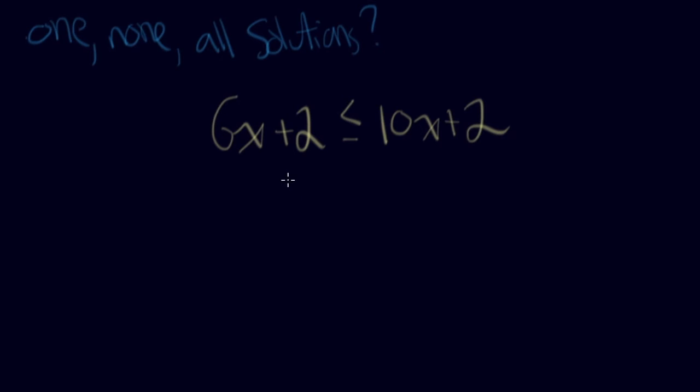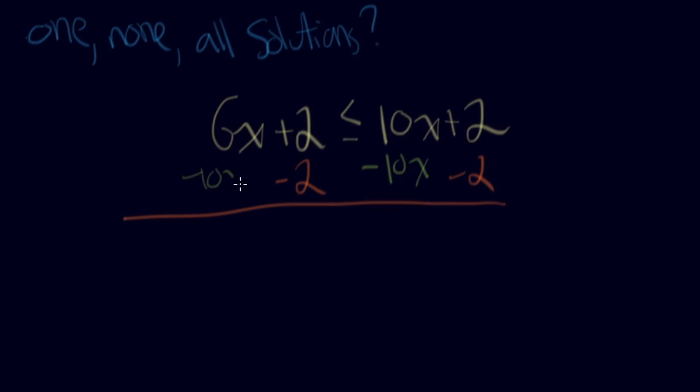Let's take a look. I'm going to subtract 2 from both sides. And you know what? I'm going to do 2 steps at once. It's going to be crazy. And I'm going to subtract 10x from both sides. Awesome. And then what all happens here? I get negative 4x is going to be less than or equal to 0.